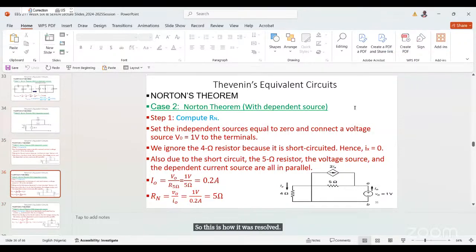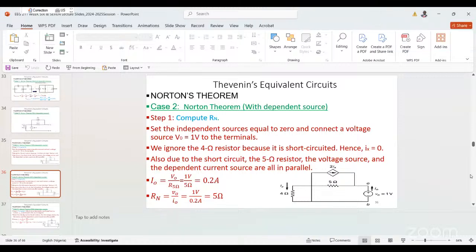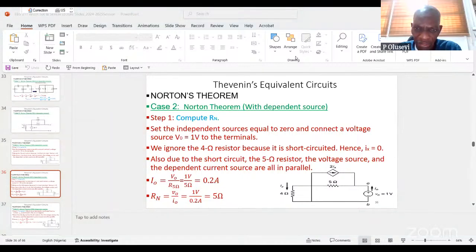You make your I naught equal to V naught over 5 ohms, by Ohm's law.